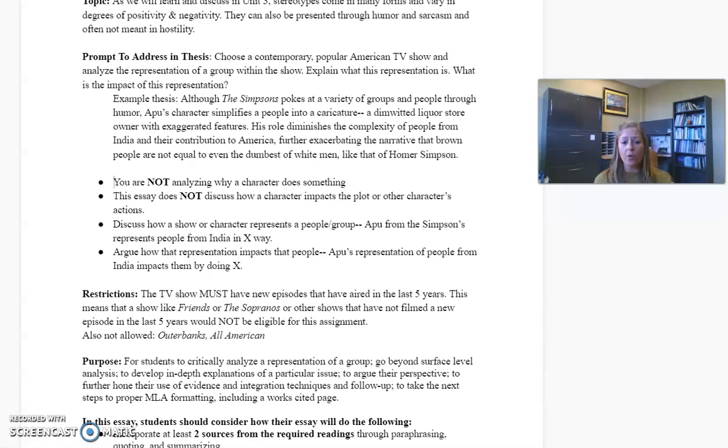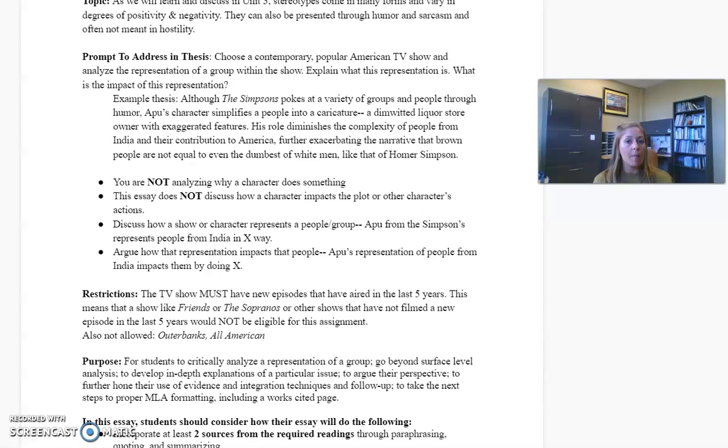So you are going to look at how the show or a character within the show represents a group of people, because sometimes we need to pull out a character like we do Apu from The Simpsons, or sometimes we're going to look at how an entire show represents a group of people, okay? And you are going to argue how the representation of that people impacts them.